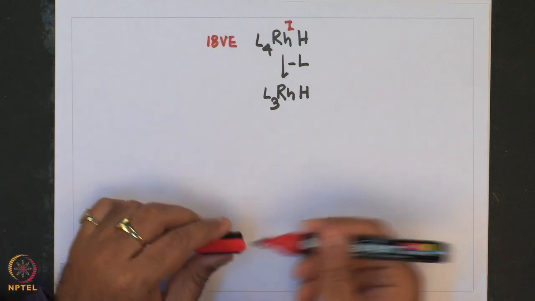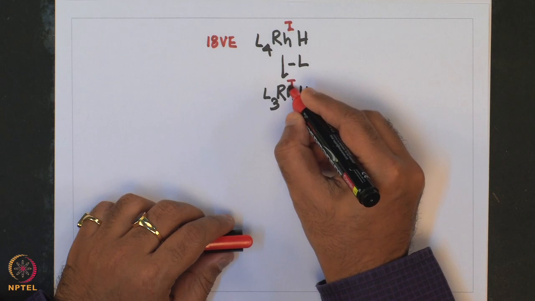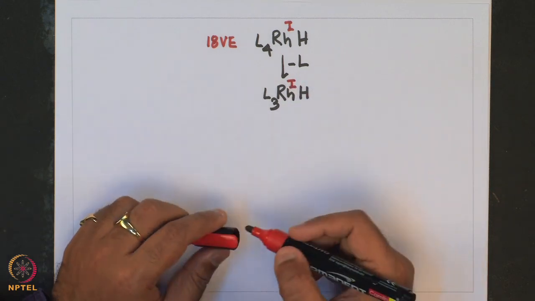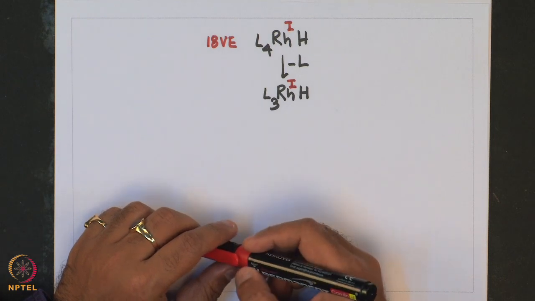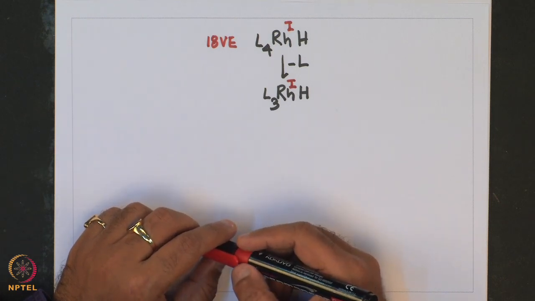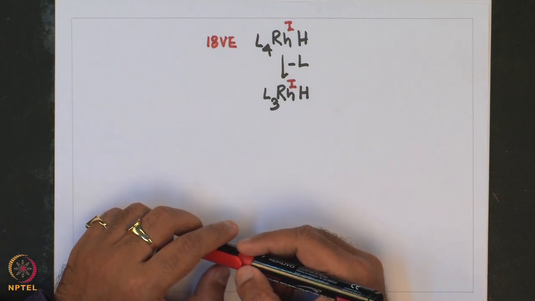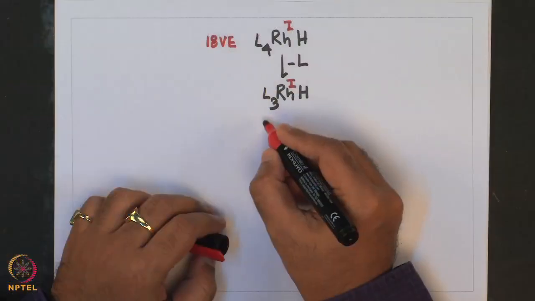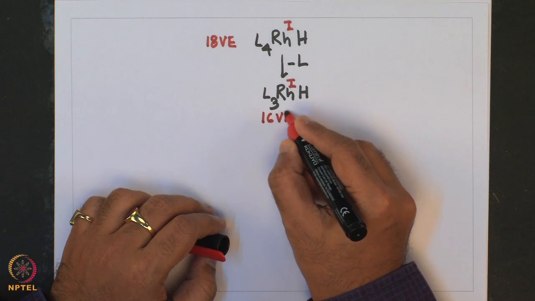Here too the rhodium is in +1 oxidation state, and it has now become electronically unsaturated as a result of the loss of these L ligands, and currently it is a 16 valence electron complex.